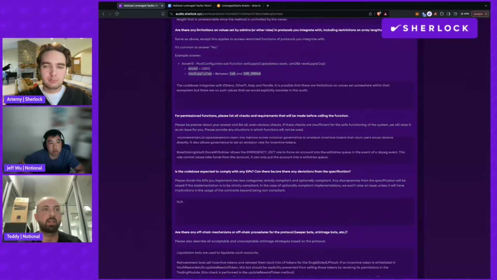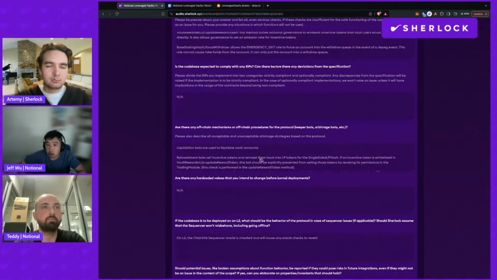So the ability to emergency exit by forcing an account into whatever the withdrawal process is for the specific asset, we would expect that to ensure that we would be able to recoup the asset, to redeem the underlying asset in a short enough time period such that the protocol is not at risk of insolvency. So that's the thinking behind the forced withdrawal.